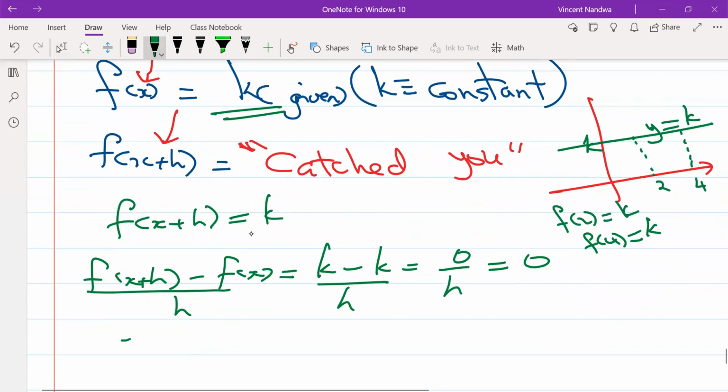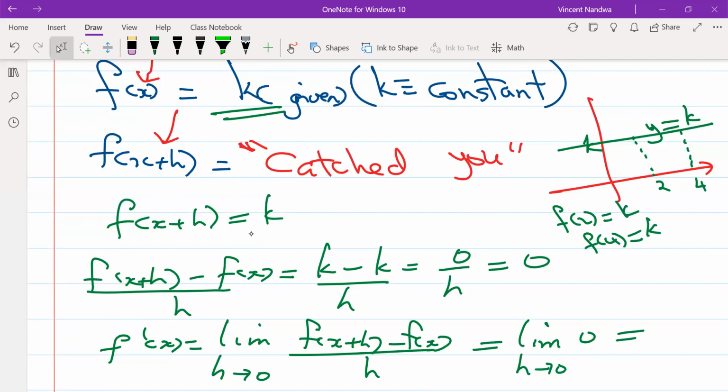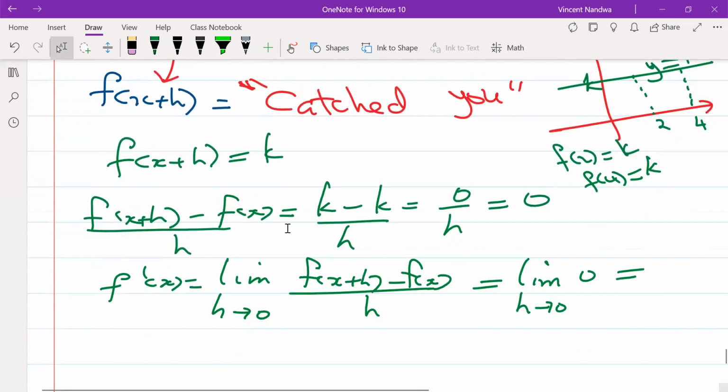So f prime will be the limit as h approaches 0 of f of x plus h minus f of x divided by h. But from our computation, we have found that this quotient is 0. So the limit as h approaches 0 of 0 is 0. And so that's why we say that the derivative of a constant is always 0.